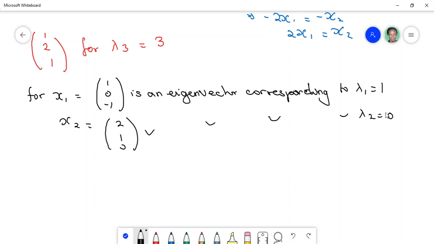And for x3, my third eigenvector, I have 1, 2, 1, which also corresponds to lambda equal to 3. Very good. So this brings us to the end of finding the eigenvalues and eigenvectors of the matrix.